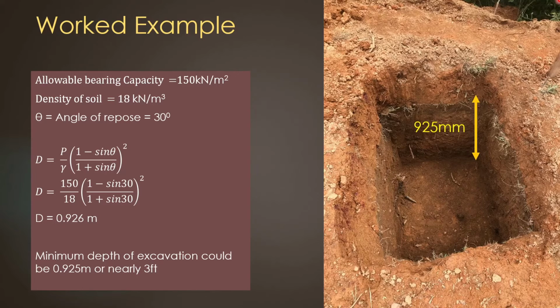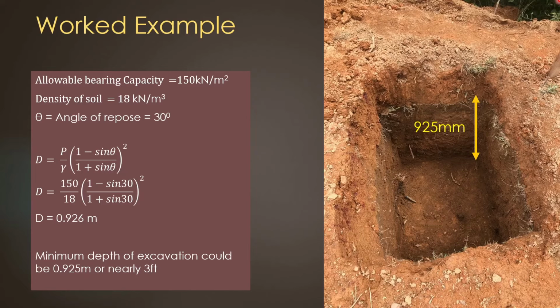If you have a lesser pressure than the allowable bearing capacity, for example, the allowable bearing capacity is 150 and your pressure is 100, you can consider 100 when you determine the minimum depth. With that, you have to consider the other factors I have discussed previously, such as the availability of roots of trees, and other parameters also.